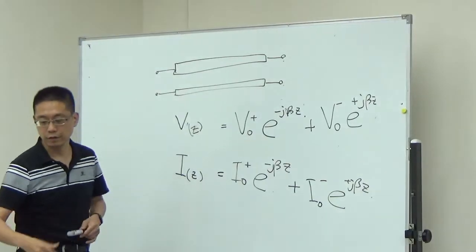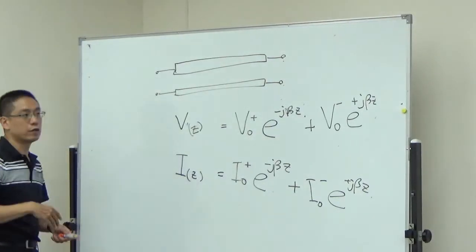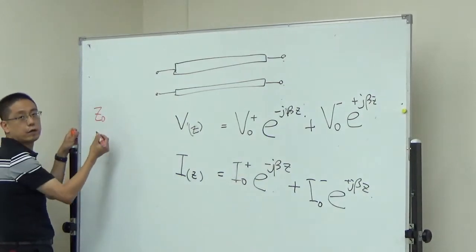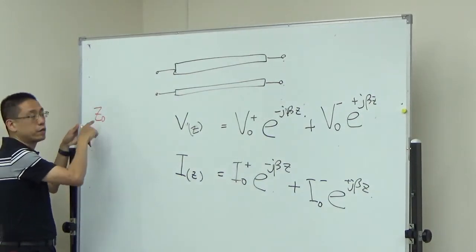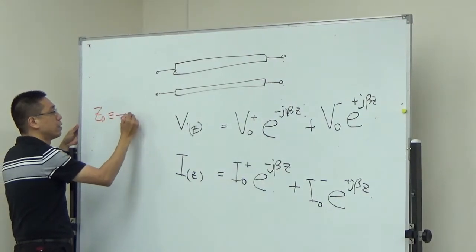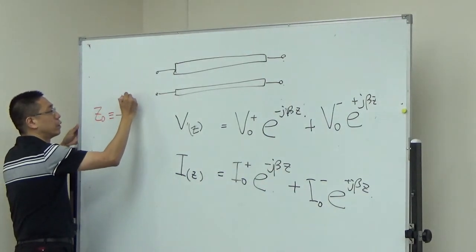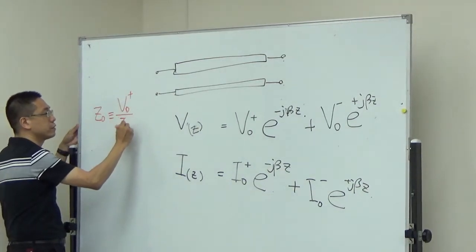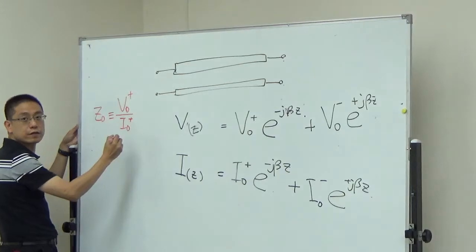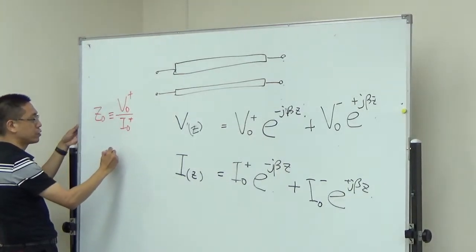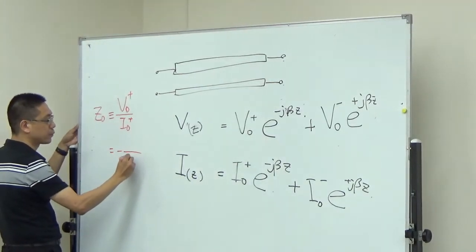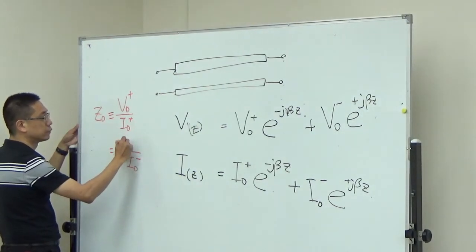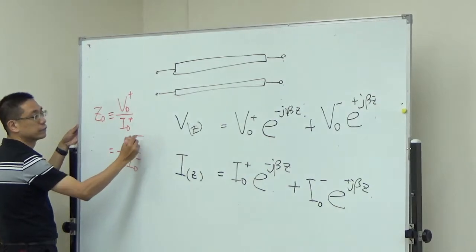Because we already know Z0, the characteristic impedance, is the ratio of V0 plus over I0 plus, which will also equal minus V0 minus over I0 minus.